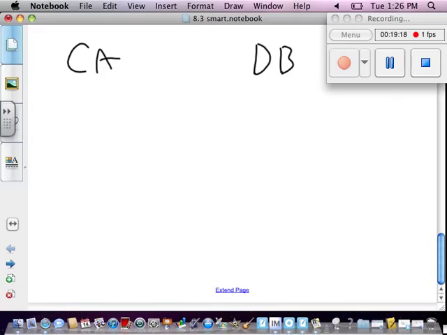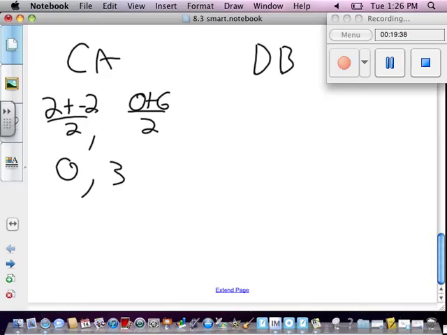Okay, so we've got to find the midpoint of C to A. So we're going to say 2 plus a negative 2 over 2, and 0 plus 6 over 2. Because it's x1 plus x2 divided by 2, y1 plus y2 divided by 2. We get 0, 3.